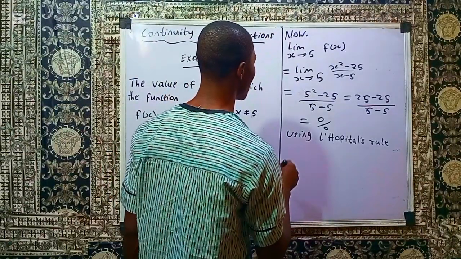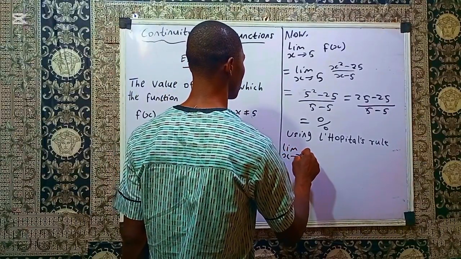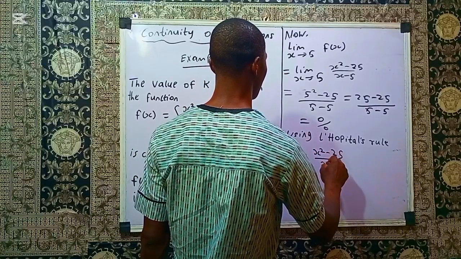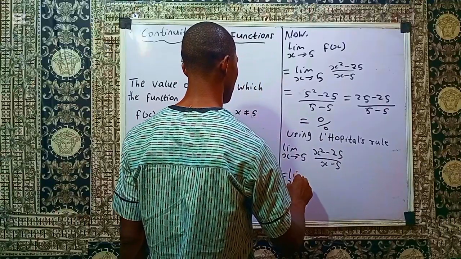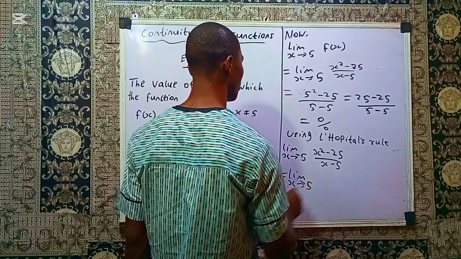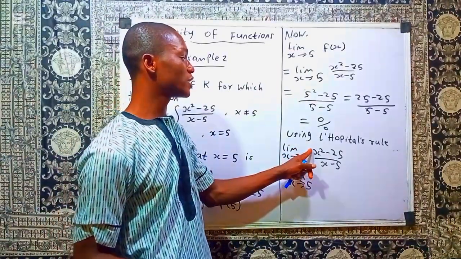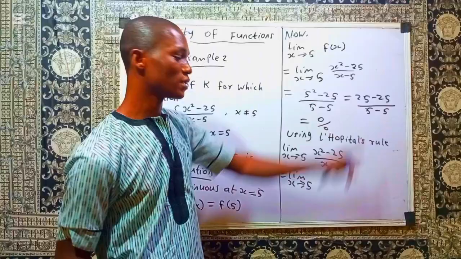So the limit as x goes to 5 of x squared minus 25 divided by x minus 5 will be equal to the limit as x goes to 5 of the derivative of the numerator over the derivative of the denominator, differentiating each separately.